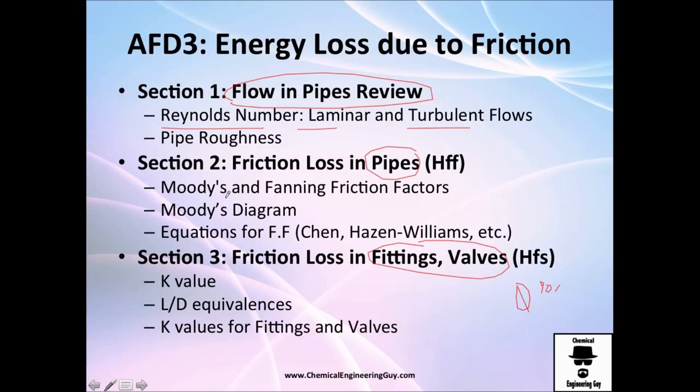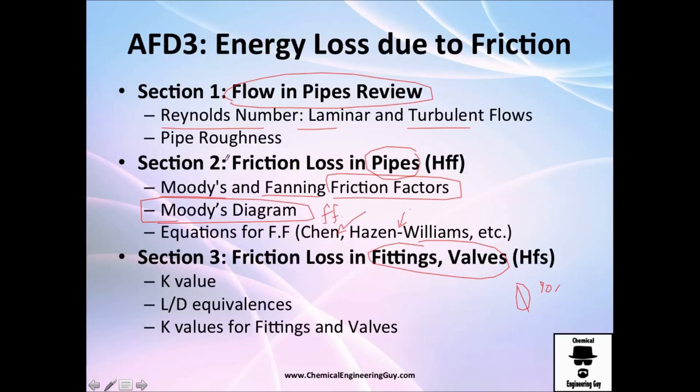So we see a little bit on Moody's and Fanning's definitions of friction factor, the difference, and which one we will be using. Moody's famous diagram relates friction factor versus Reynolds number. And many equations, because it's pretty good to have equations so you can use them in Excel spreadsheets or even calculators instead of having a diagram.